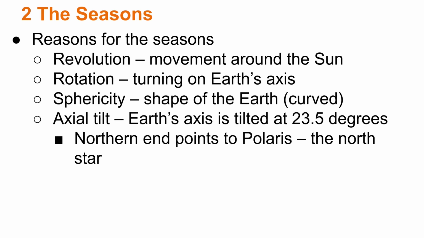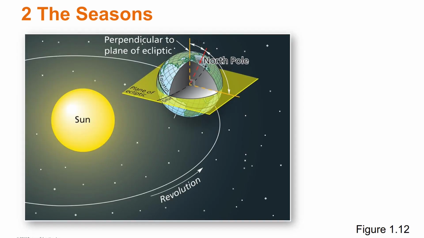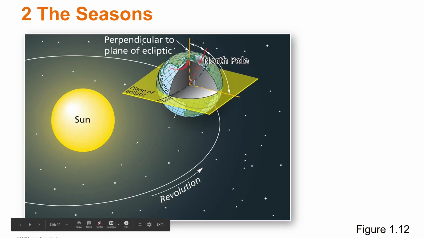The northern end points towards Polaris, which is the North Star right now. And axial parallelism, the idea again that as Earth revolves around the sun, the axis points in the same direction. Here this is showing Earth's tilt of 23.5 degrees relative to its orbit, also showing the difference between revolution and rotation. Earth rotates on its axis and revolves around the sun.